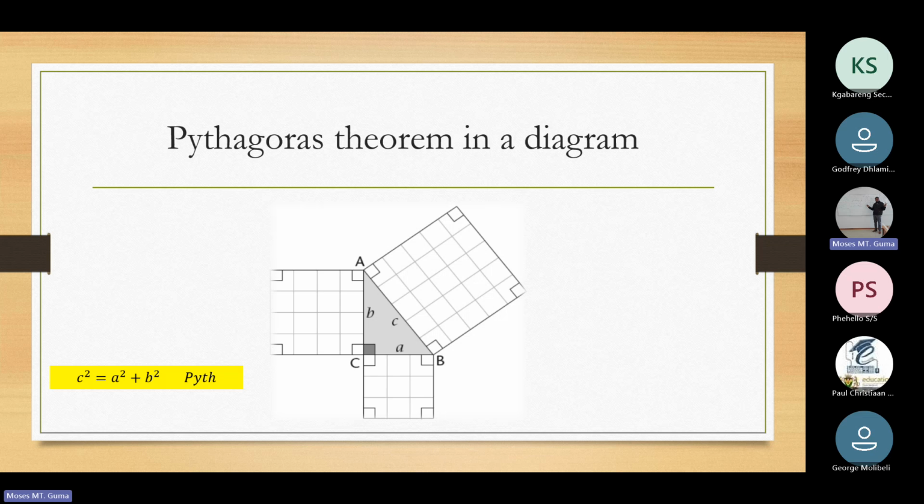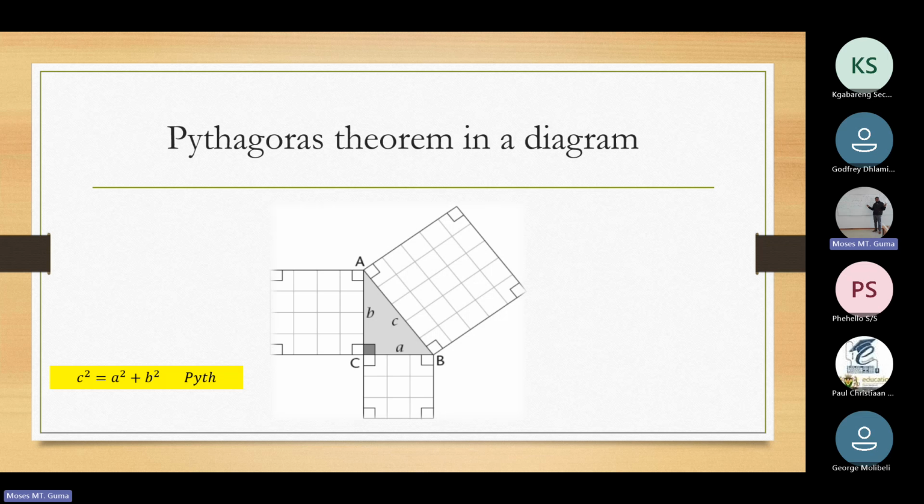Let's go: 1, 2, 3, 4, 5, 6, 7, and so on up to 25. Now, we have 25 little squares here.